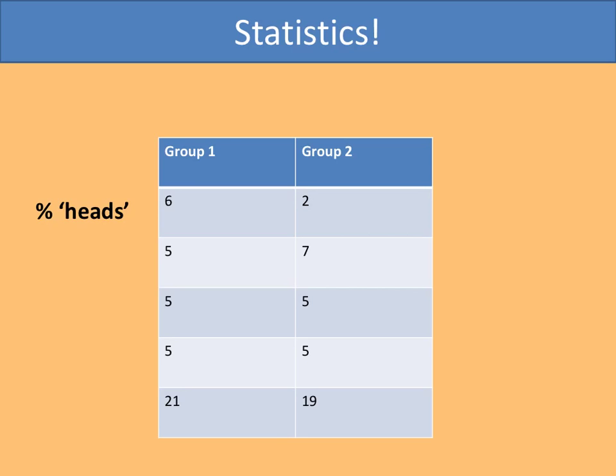If you actually added up the scores for each of the 4 individuals in each group, one would be 21 and the other would be 19. Would you know, was that significant?